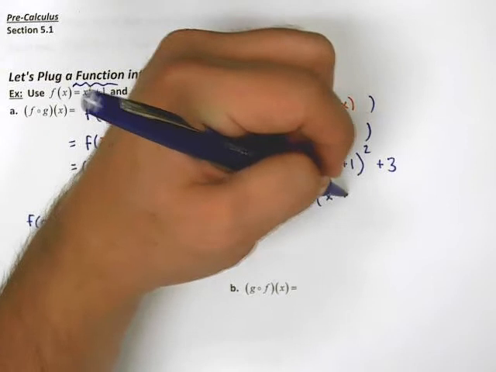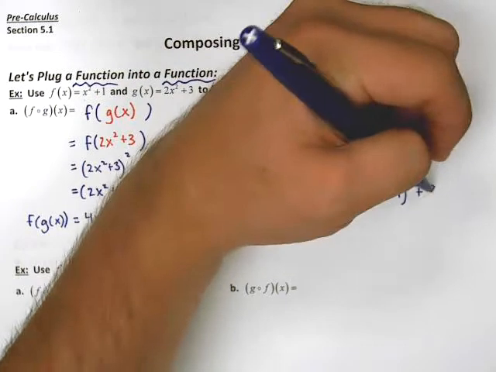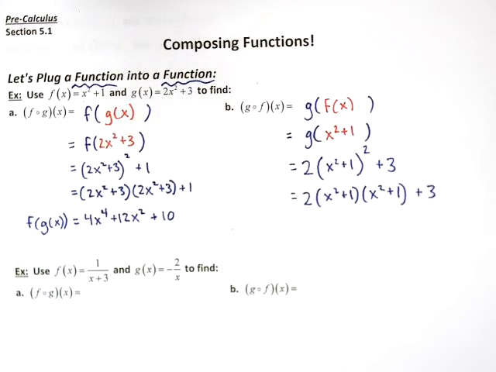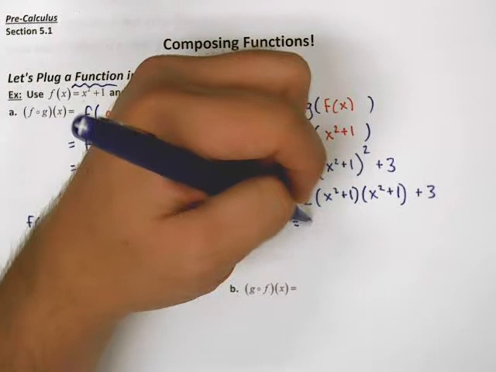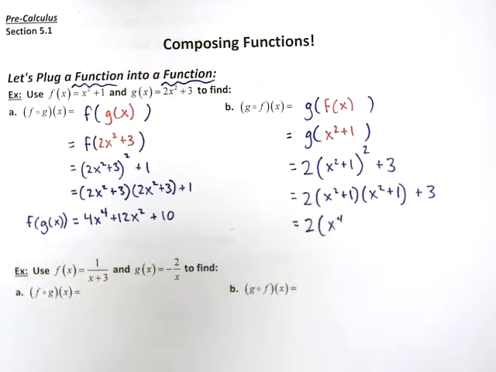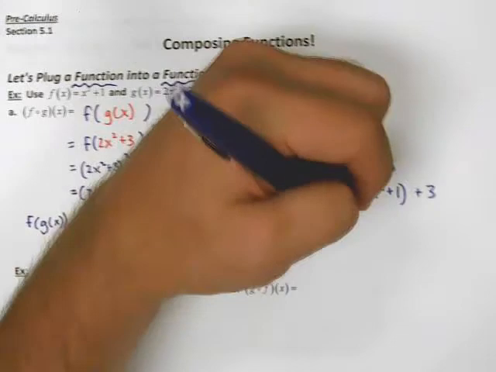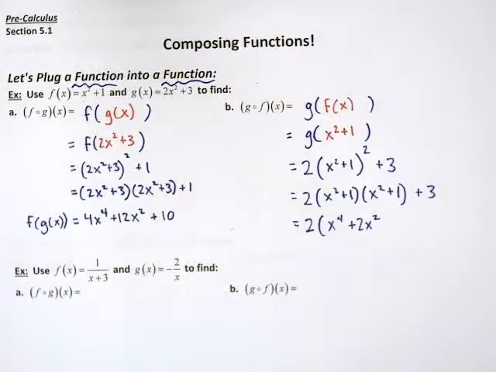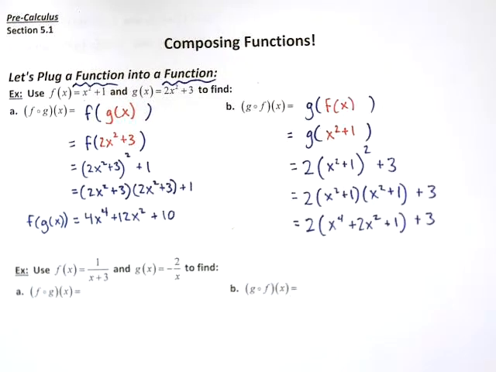I'm going to rewrite it for the sake of notes. And so you guys understand what we're doing here, right? I need to FOIL. Well, x squared times x squared is x to the fourth. x squared times 1 would just be x squared. Another one, so this is plus 2x squared plus 1 plus 3.